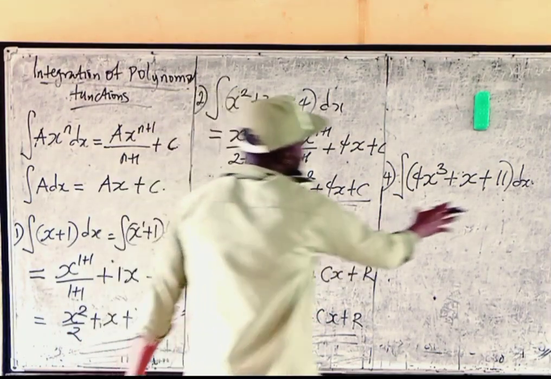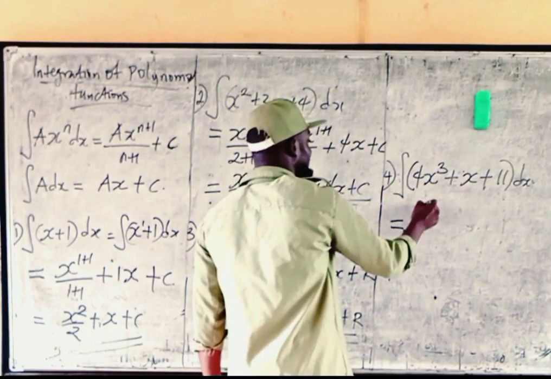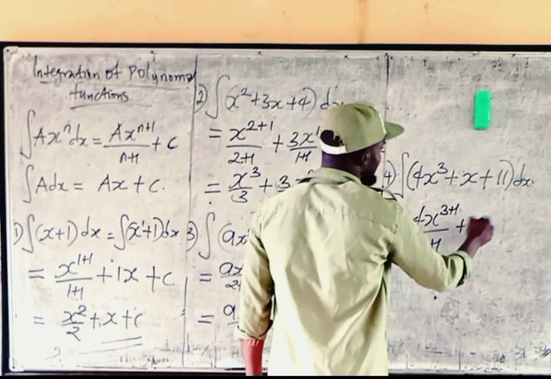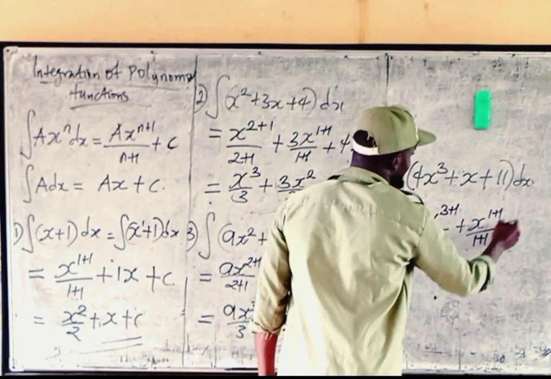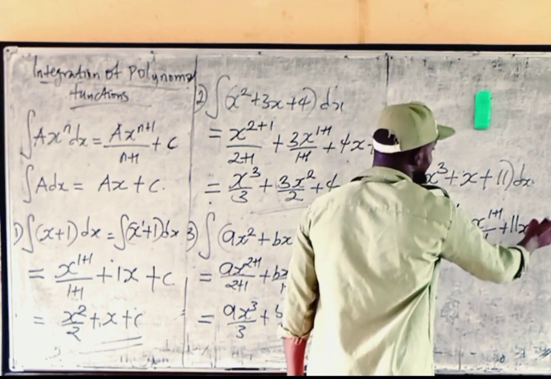So the last one is this question. The last question there is to integrate 4x cubed plus x plus 11. That gives us 4 times x to the power 3 plus 1 over 3 plus 1, plus x to the power 1 plus 1 all over 1 plus 1, plus 11 times x, because 11 doesn't have x, that is 11x, plus c.